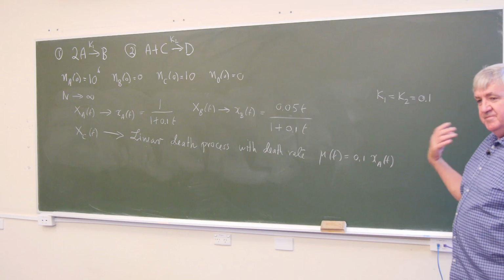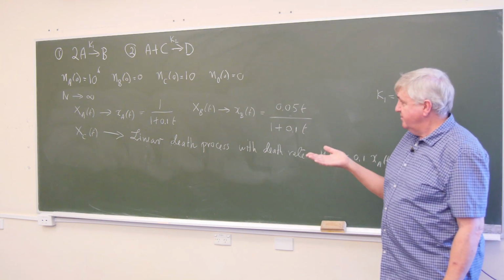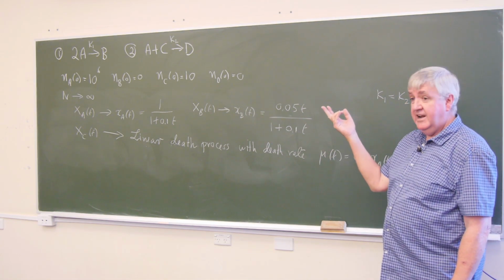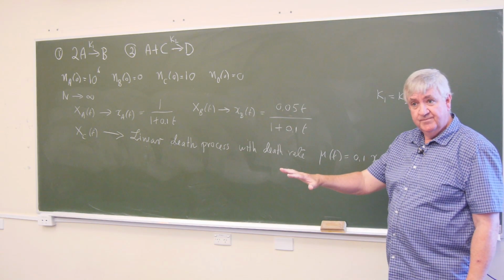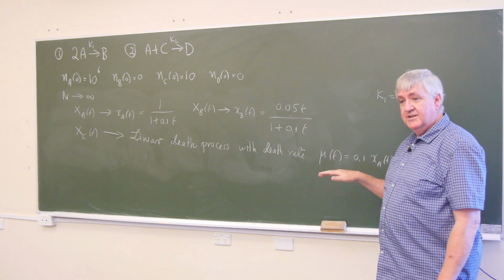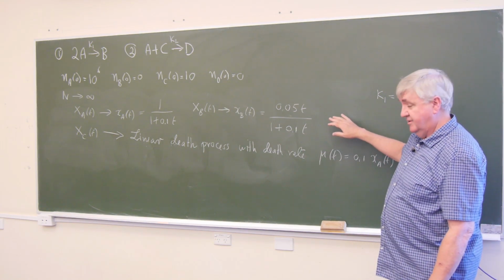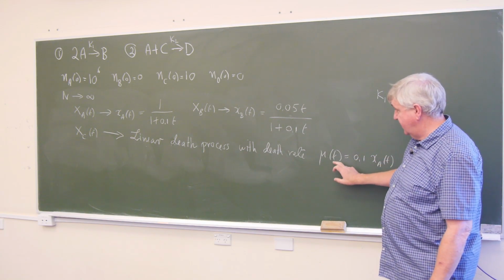So this is a stochastic process at which the number of C reduces by 1. It's going from 10 down to 0 over time. And as time progresses, the rate changes. So this is a non-time-homogeneous Markov chain, and that's the rate function.